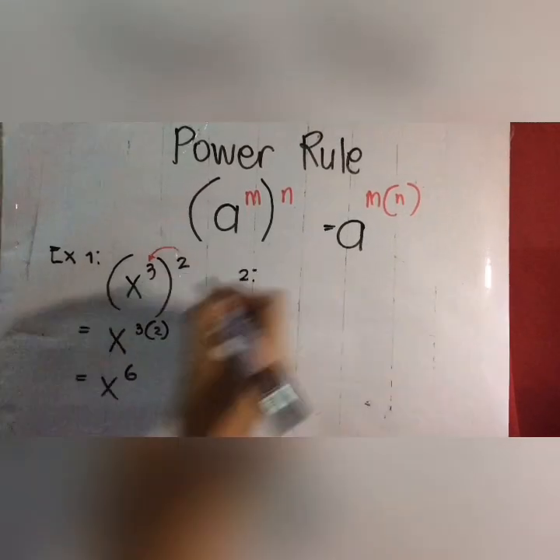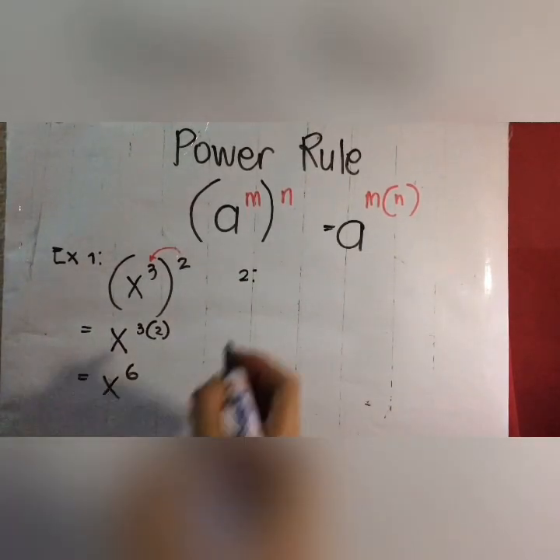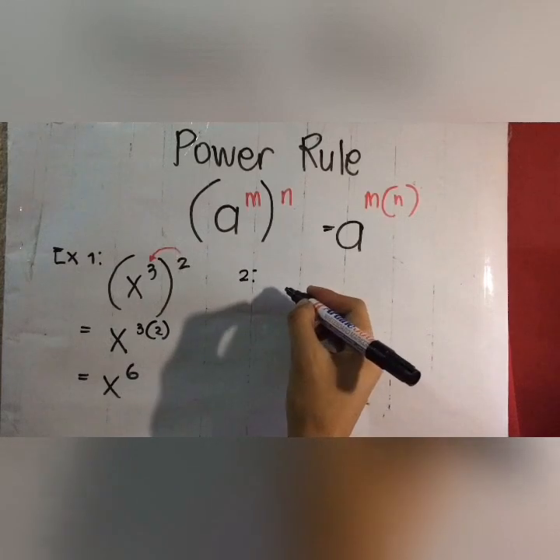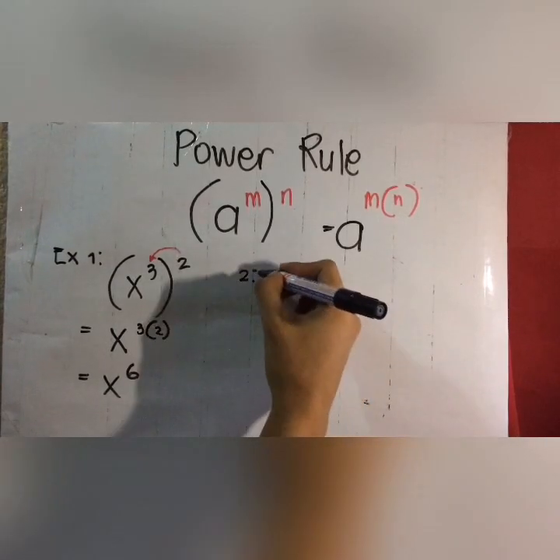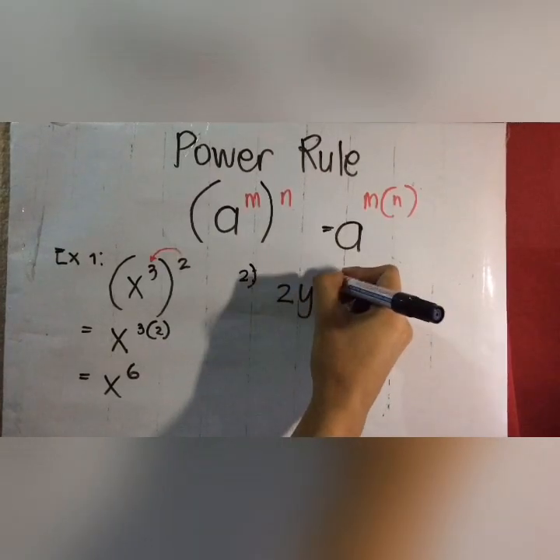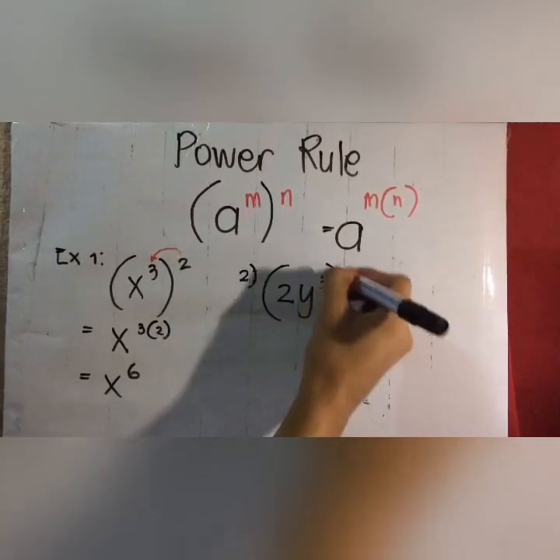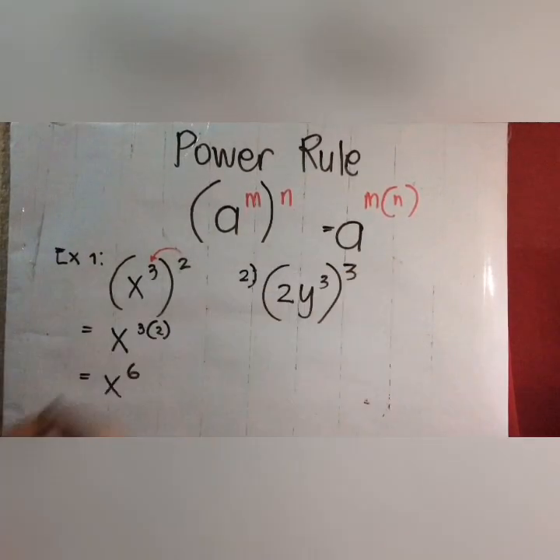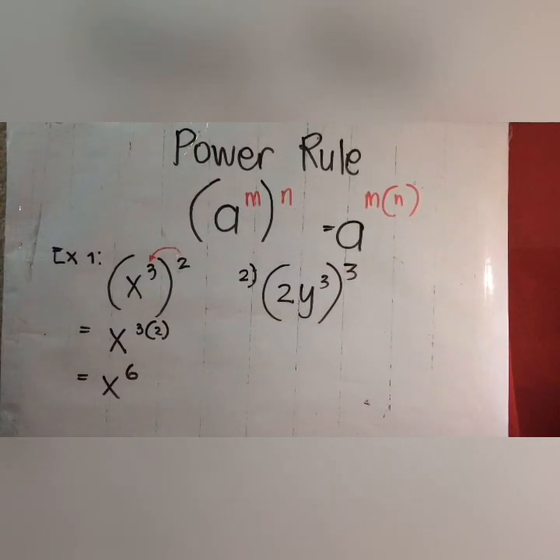So let's proceed to the second example. What if our given expression has a coefficient? Say, for example, we have 2y to the power of 3, powered by 3. As I have said, we can use the distributive property.